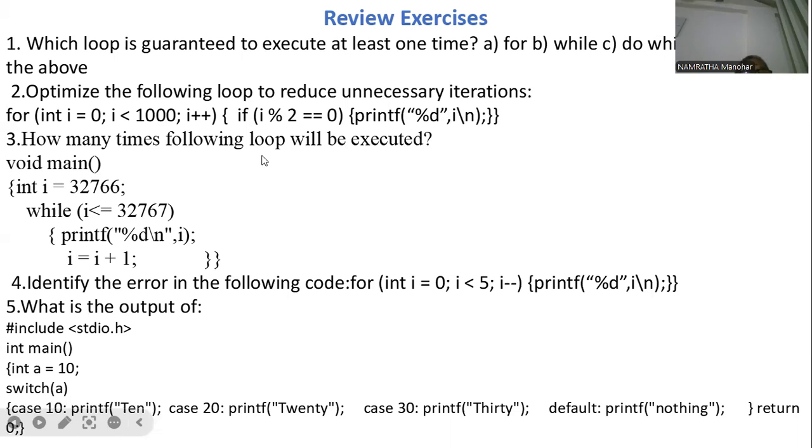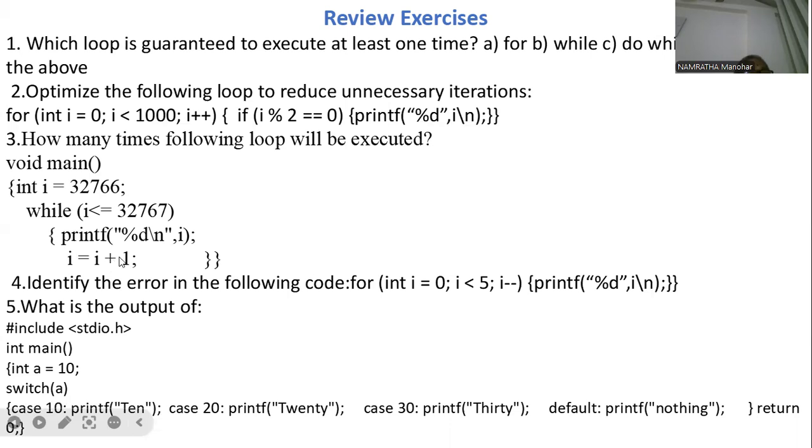How many times will the following loop be executed? This is the program code. You have to trace this program code and tell how many times it is going to execute. i is 32766, and the condition is i less than or equal to 32767. First it will print 32766.